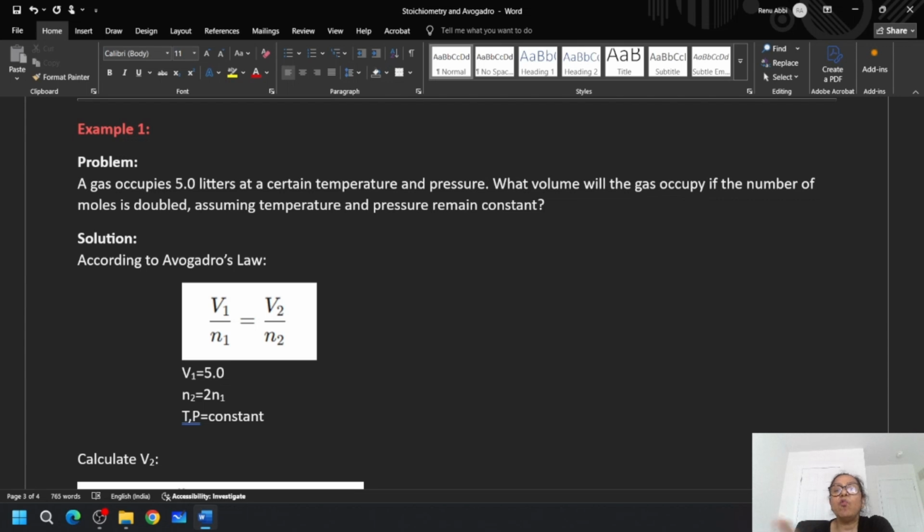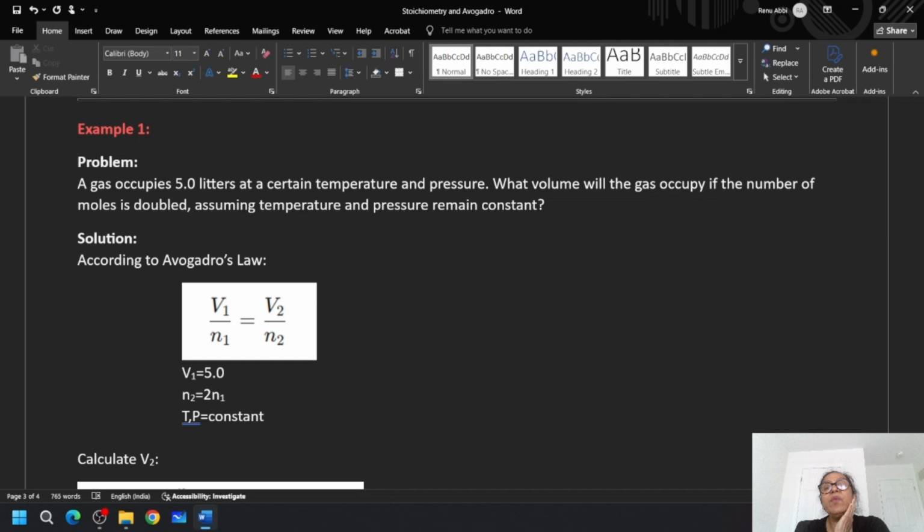So we have two states here, the initial gas volume and the final gas volume, which we have to calculate. V1 is 5 liters, and I have taken n2 as 2n1, because it is written that a gas occupies 5 liters at a certain temperature and pressure.